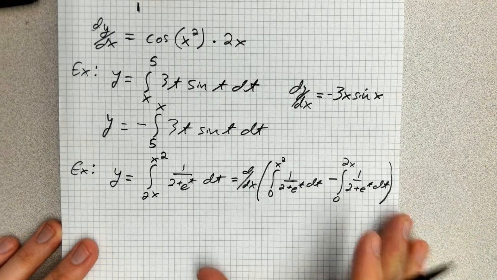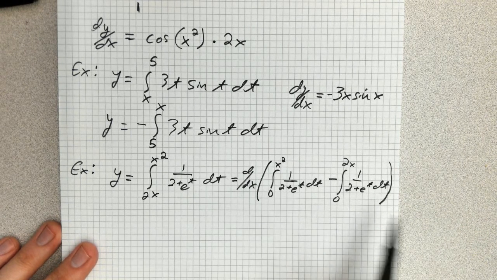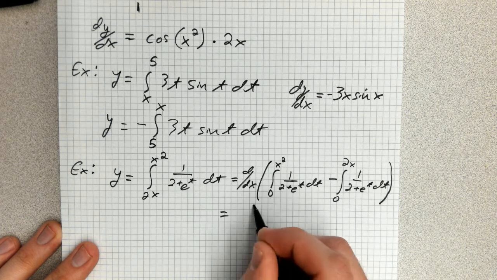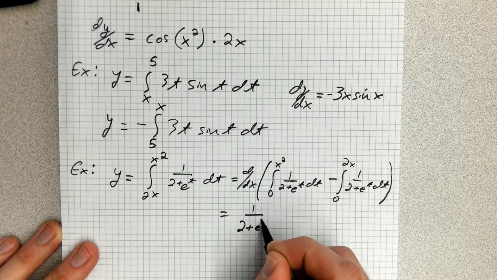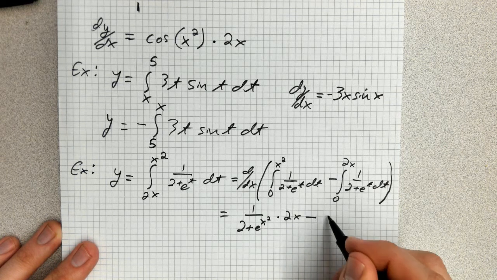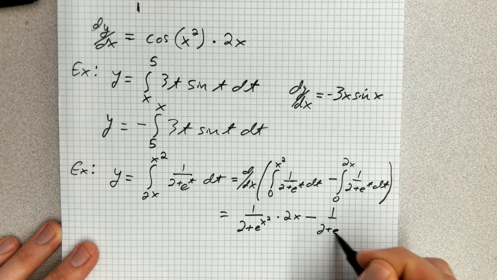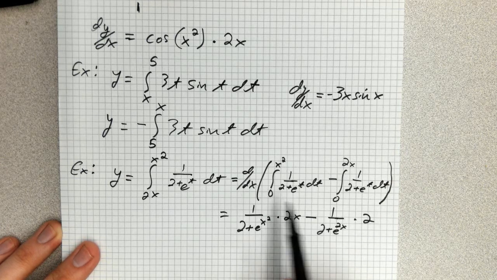Okay? And so from there, then you can take the derivative of each one. What you'll end up with is 1 over 2 plus e to the x squared times the derivative of x squared, which is 2x, minus 1 over 2 plus e to the 2x times the derivative of 2x, which is 2. And you can put those each in the numerator.